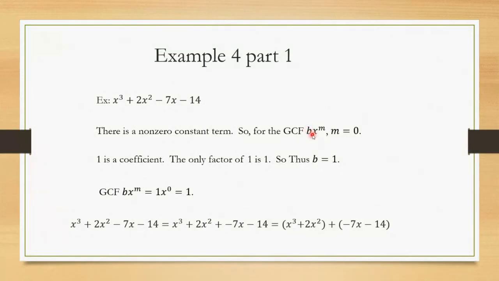Essentially, since there's a non-zero constant term, we take m to be 0. Since 1 is the coefficient, the only factor of 1 is 1 itself. So the greatest common factor must be 1. B is 1, and so the GCF must be 1.